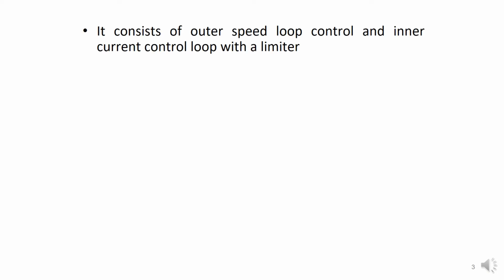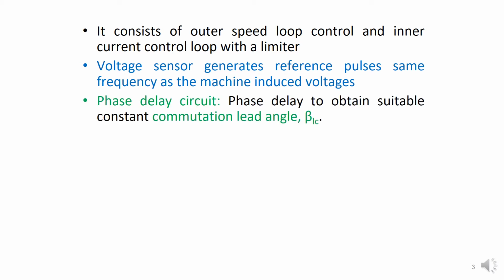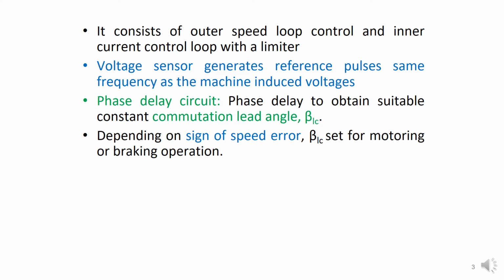This slide gives the explanation of the above block diagram. Let us recap. It consists of an outer speed loop control and an inner current loop control. We have also seen that the voltage sensor generates reference pulses at the same frequency as the machine induced voltage, and we have seen the phase delay circuit, and depending upon the sign of the speed error, BLC is set for motoring or braking operation.